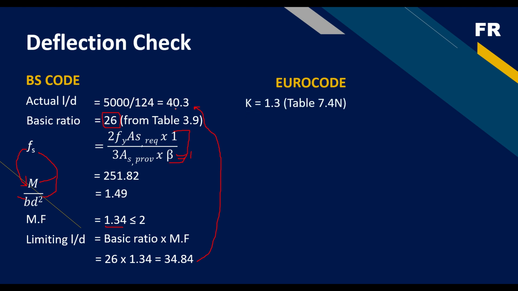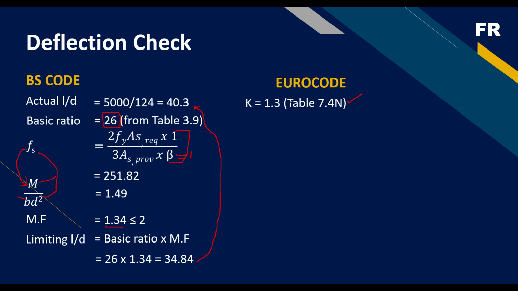For the Eurocode, the calculation of the deflection is quite similar to this, but the formulas are very different. So the first thing you need to know is your structure type. This structure type, you can see it in table 7.4N of Eurocode 2.